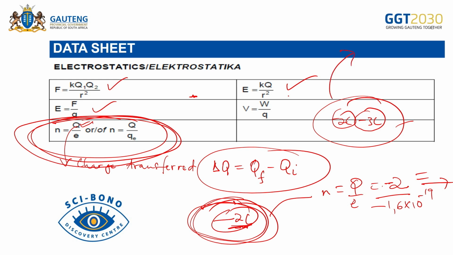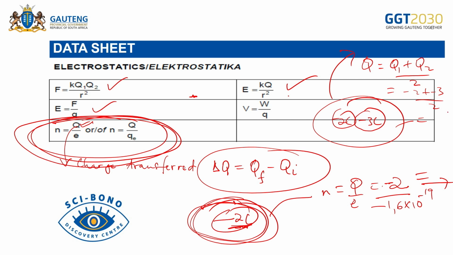How to calculate the new charge is Q equals Q1 plus Q2 over what? Over 2. And this equation, grade 11s, is not there on the data sheet. For grade 10s it's there, but for grade 11s it's not. So it means that you should know it by heart. Right? So Q1, Q2, negative 2 plus negative 3 over 2. What am I having here? It is going to be what?